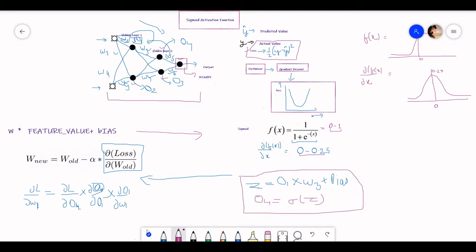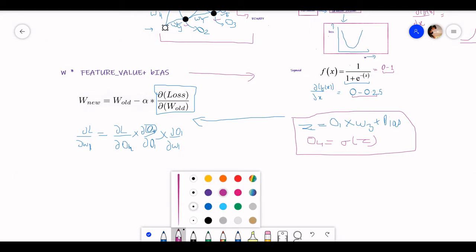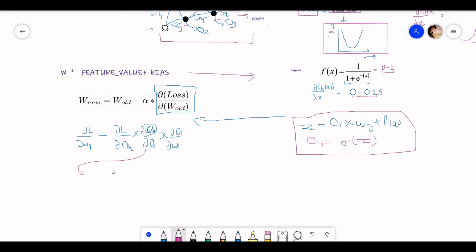So after that, now see, we have this value O4. Let's talk about this value. In back propagation, when gradient descent finds these derivatives, how will it look? Our O4 value is sigmoid of Z. Now upon our O1, what is our O1 value?